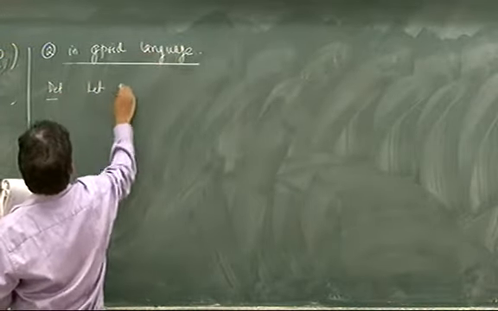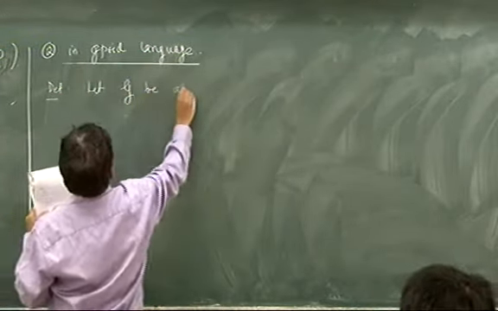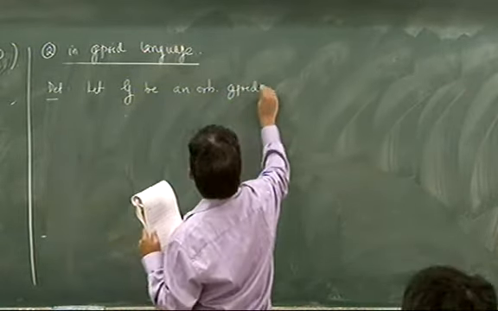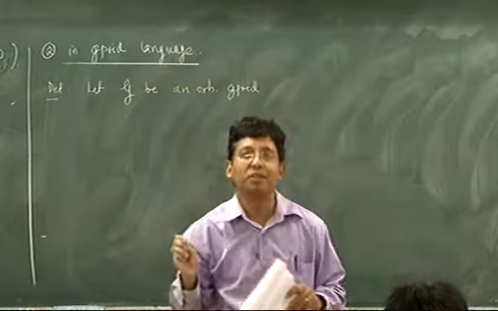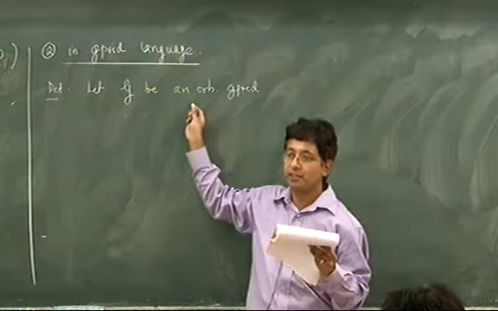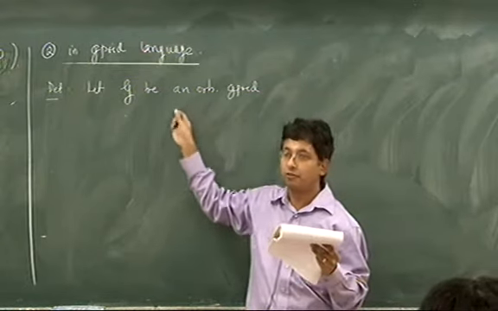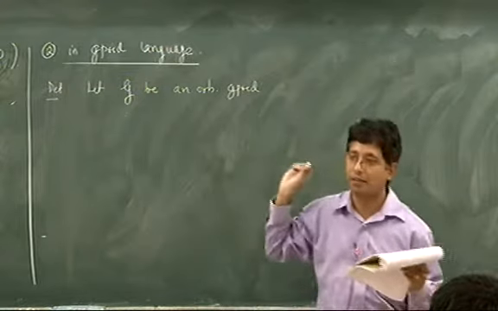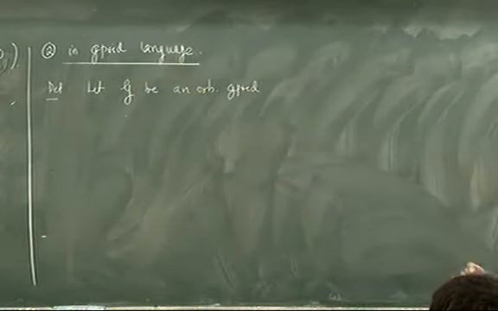Let G be an orbifold groupoid. That would roughly mean that the stabilizers, the isotropy groups G_x that I defined, the arrows going from x to x, are finite. That's roughly the thing.